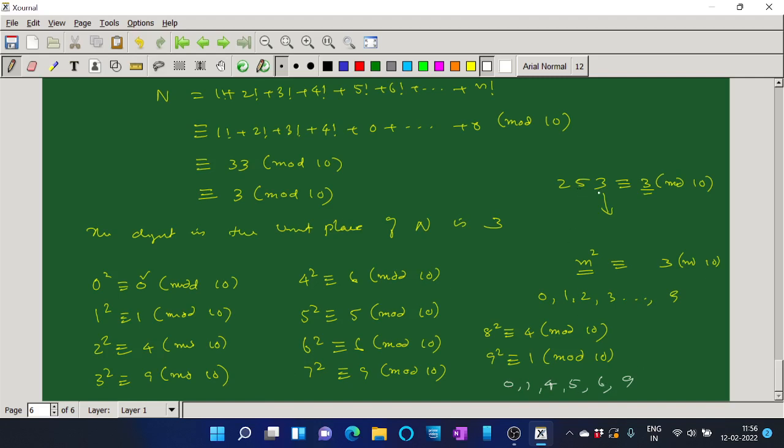For example, if you take 253 square, then it ends in 9. So whatever integer you take, its square ends in 0, 1, 4, 5, 6, 9 only. And therefore, here the given number, sigma k factorial, k equal to 1 to n, ends in 3 for every n. It cannot be a square, as squares end only in these digits 0, 1, 4, 5, 6, 9.